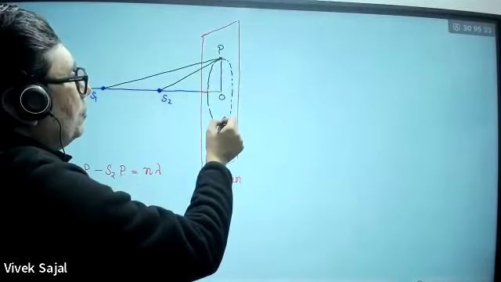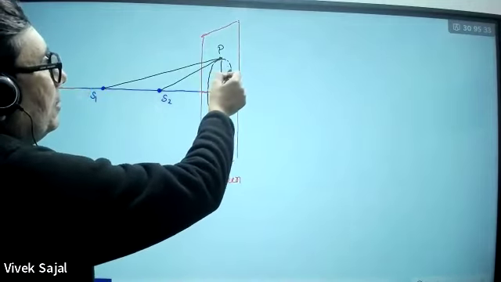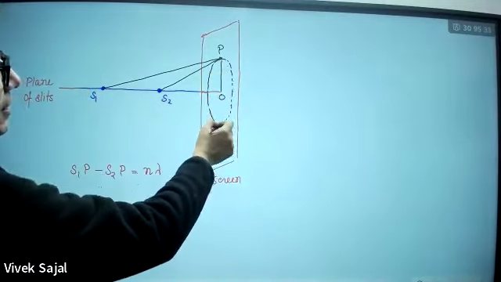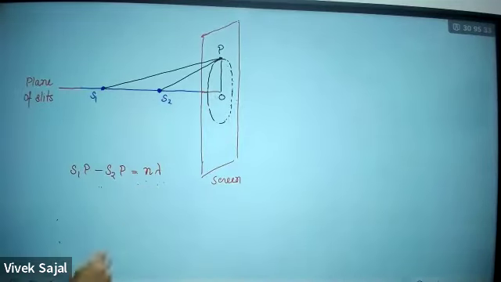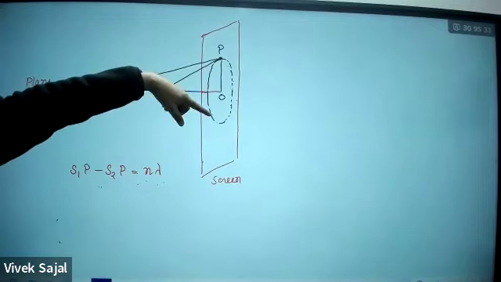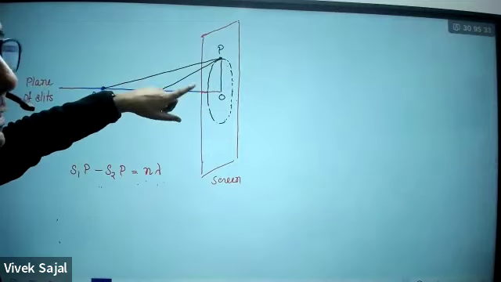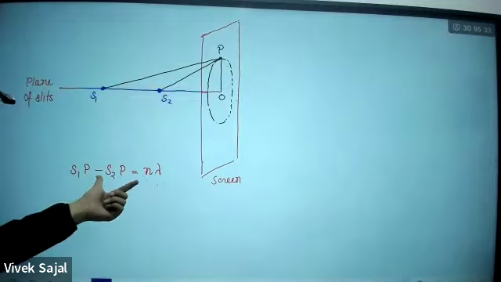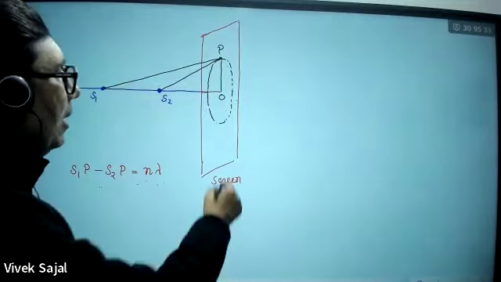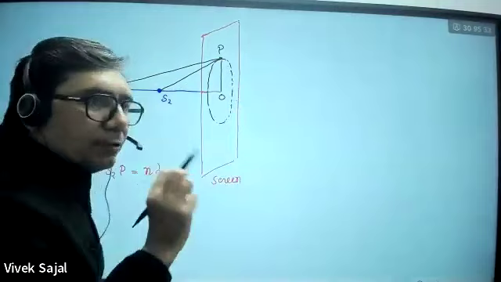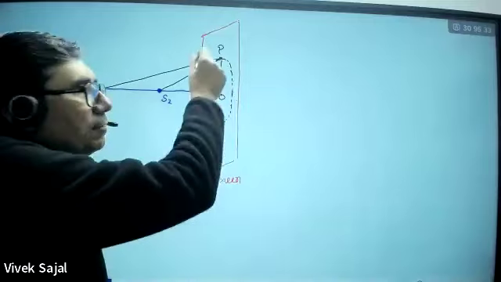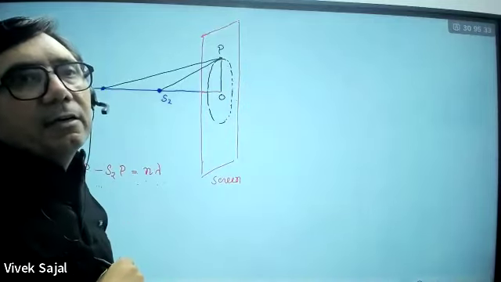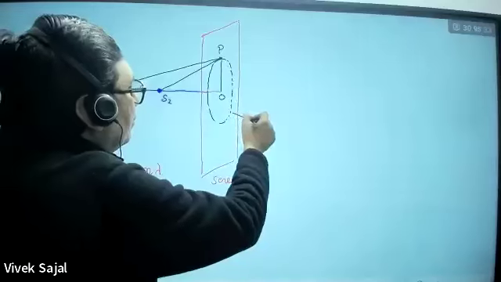You can choose any point on the circumference of this circle, and S1P minus S2P will be equal to this. So every point on the circumference of this circle is satisfying the condition of nth maxima. So this circular form will be the shape of the nth order bright fringe.